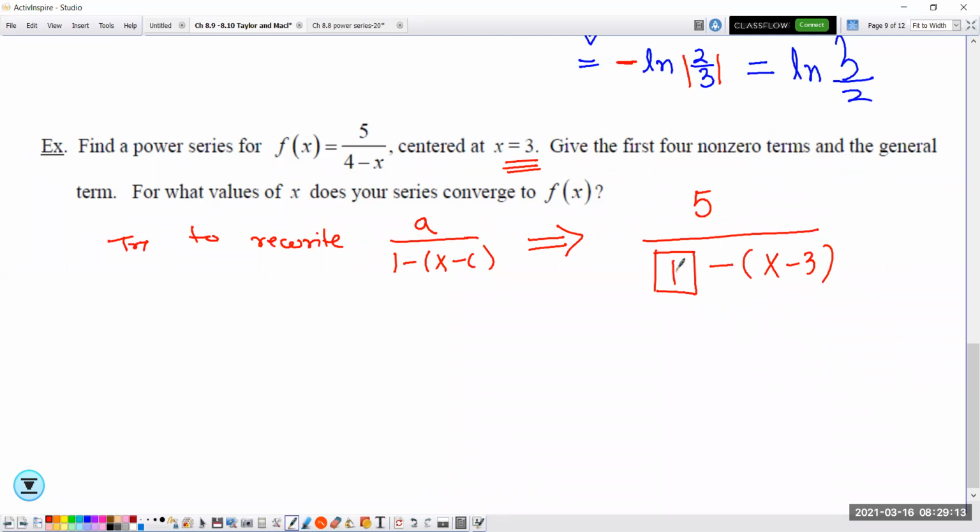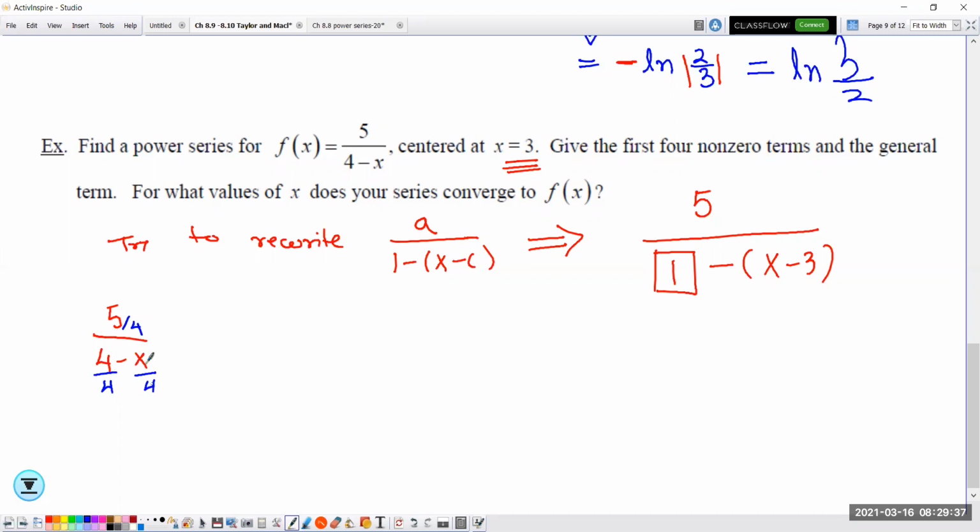One more time. You cannot divide by 4. Let me explain again, guys. Why can you not divide by 4? Let me show you again why dividing by 4 is not possible, giving me center 3. If I divide everything by 4, my center will be 0. Do you see that?